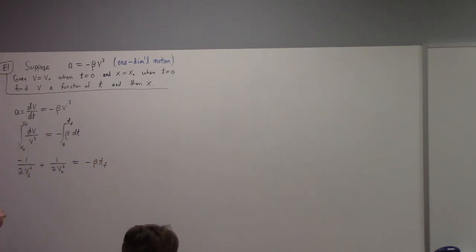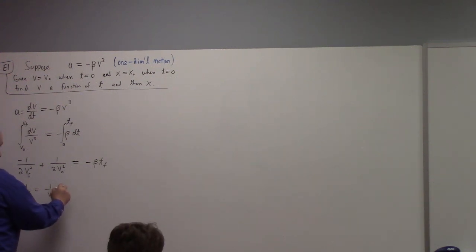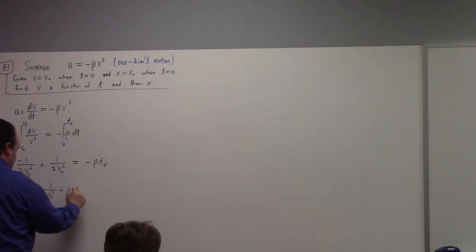So then if I do a little bit of algebra here, I have 1 over v squared is equal to 1 over v naught squared plus 2 beta t.